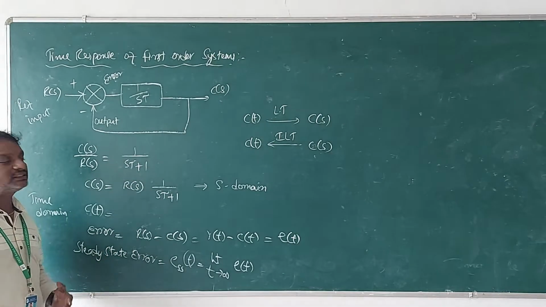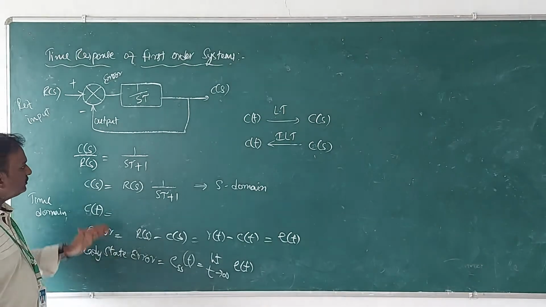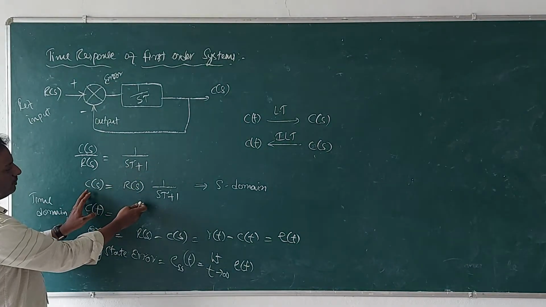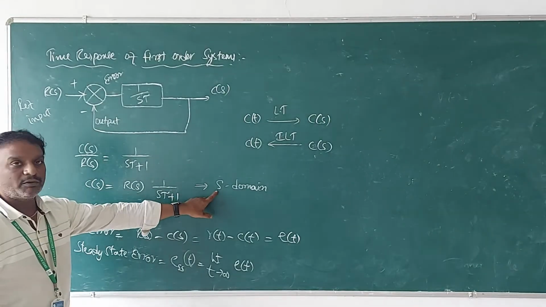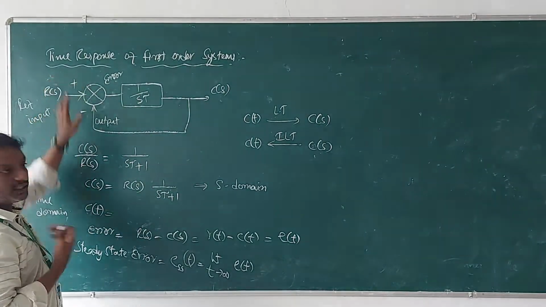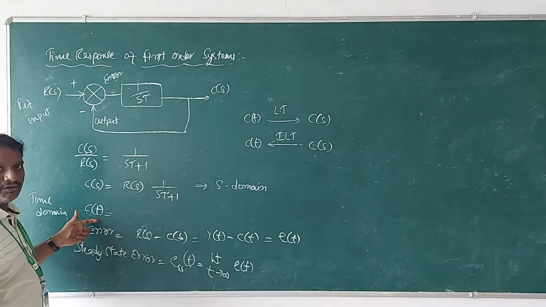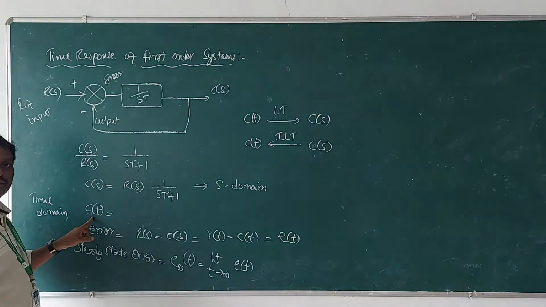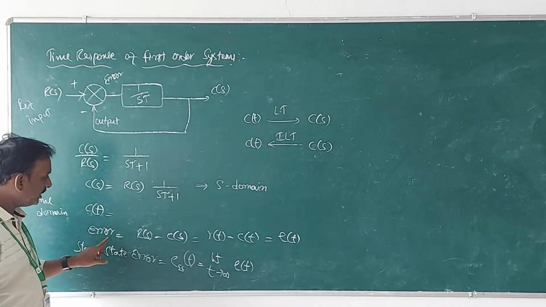So for every system you are going to find out this information. Once you get the transfer function, I want to know for each and every input what is the response. I need the time response, so first of all I need to convert this s domain equation to the time domain equation, that is C of t. Once you determine C of t, your duty is to find out the error.